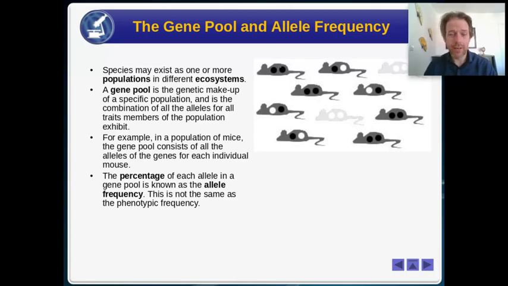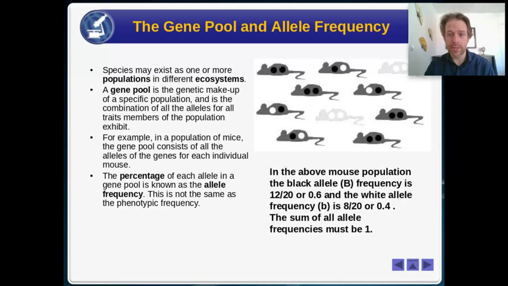Okay, you can count the black alleles, and you end up with 12 out of the 20 possible alleles. 10 mice, 20 alleles. They each inherit one allele from mum, one allele from dad, so each mouse has to have two. 12 of the 20 possible alleles are for the black dominant allele, and that leaves us with 8 for the white recessive.